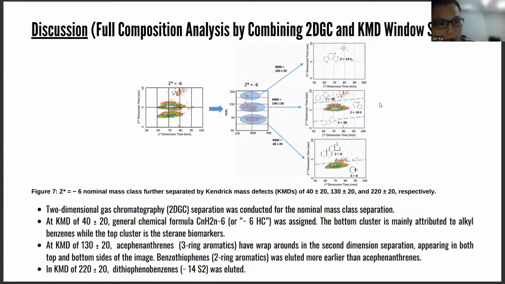At KMD of 130 plus minus 20, 3-ring aromatics and 2-ring aromatics were observed. At KMD of 220 plus minus 20, CnH2n-14S was assigned.